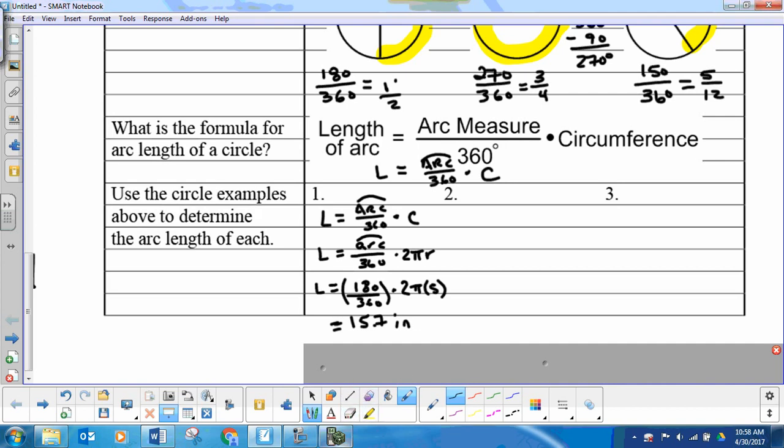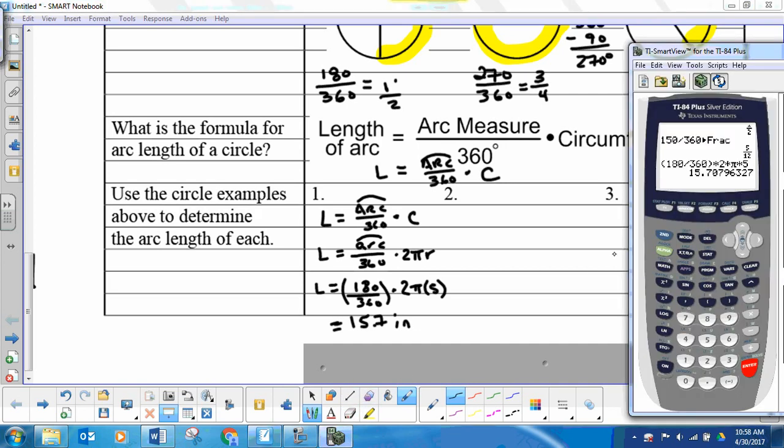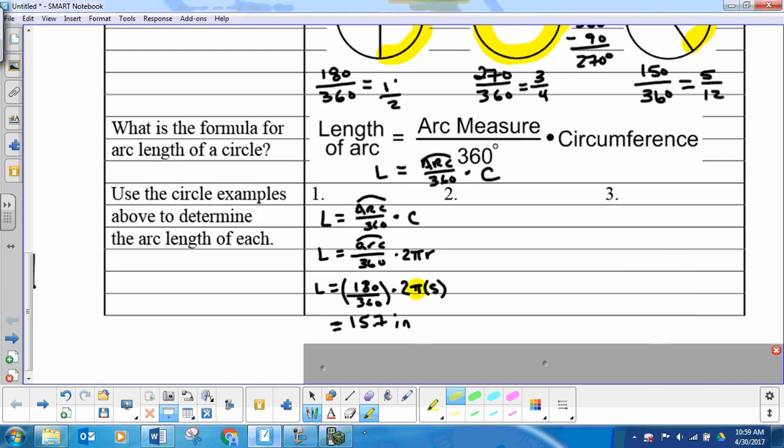Let's take a quick step backwards though, and let's do this by finding it in what we like to call in terms of pi. We looked at that a bit above. So I'm going to take that same information, 180 divided by 360. I got that from over here. I'm going to multiply this by 2 and then by 5, but I'm not going to include the pi.